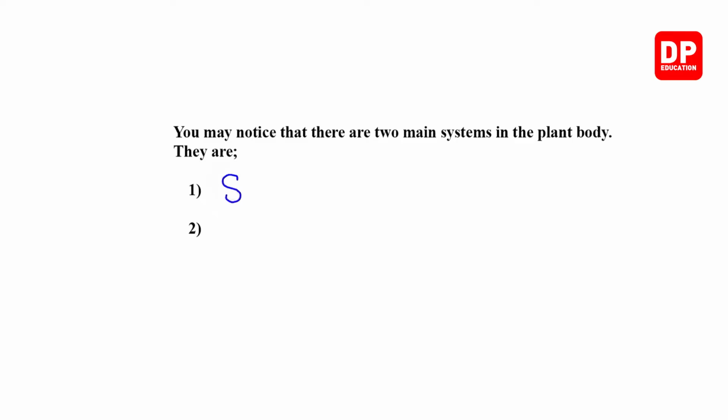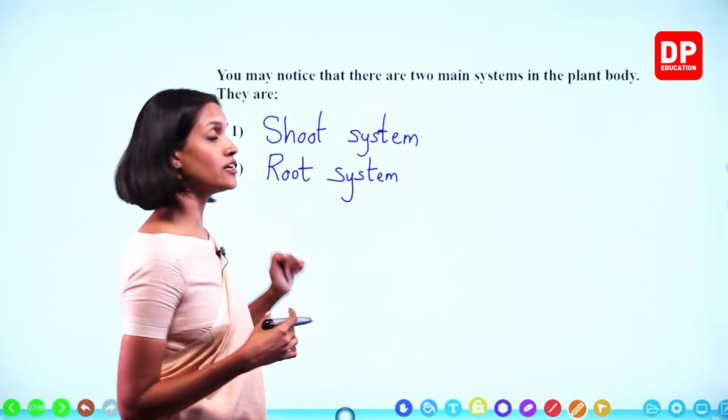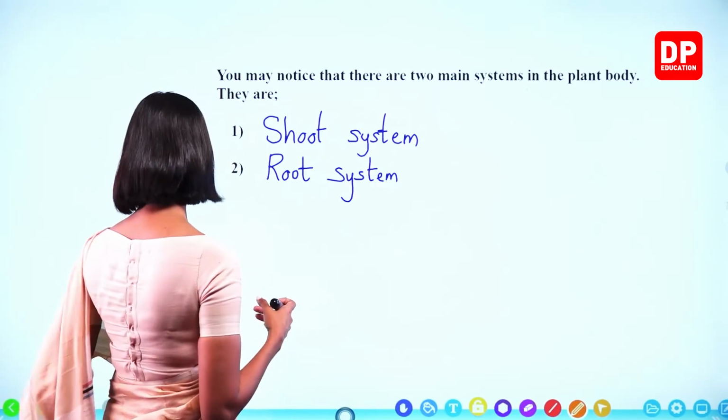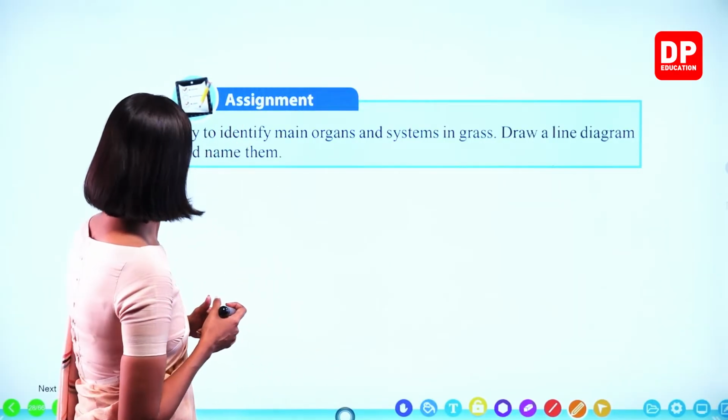Shoot system and the root system. The two main systems, shoot system and the root system. Right, children?